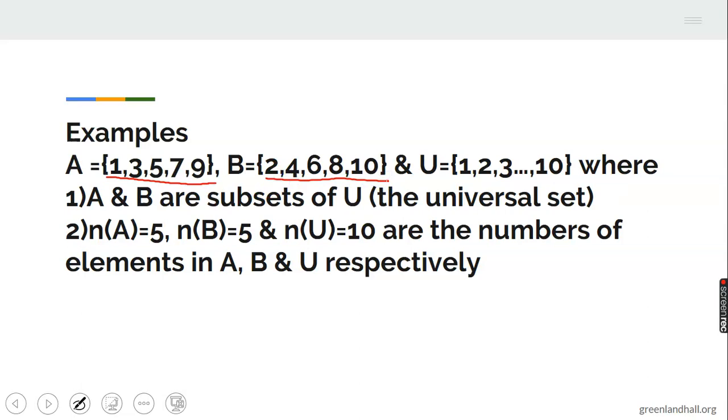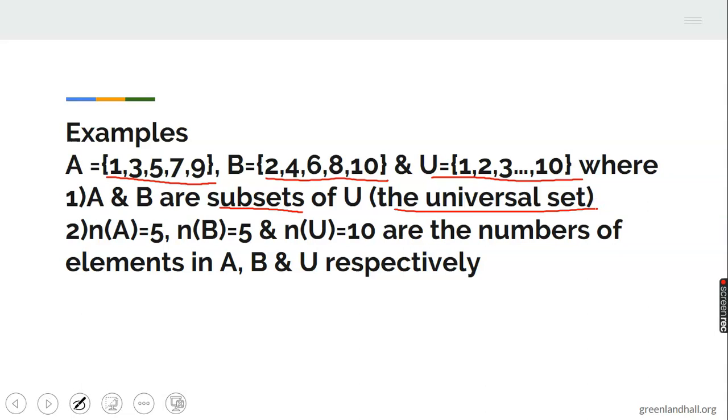Y, the universal set, is 1, 2, 3, and so on up to 10. Here, A and B are subsets of the universal set. That means they are inside the universal set. The universal set is the set containing all the elements we are considering.